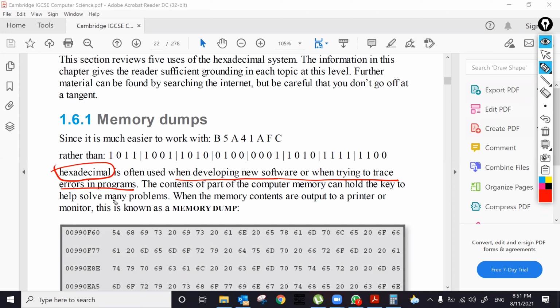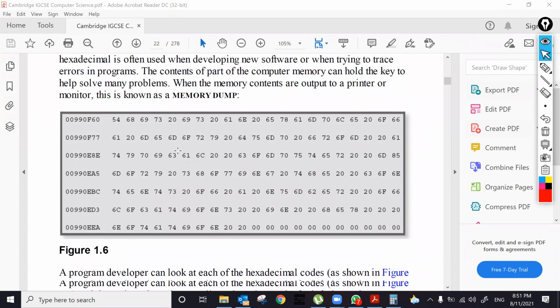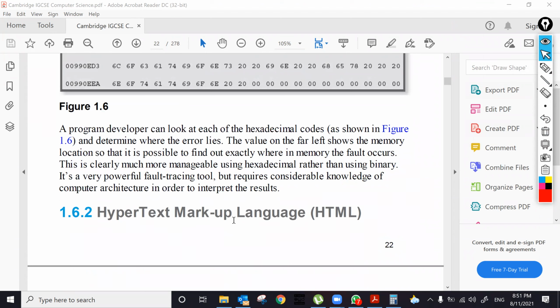That means they will give the error code and all using these hexadecimal numbers, right? A program developer can look at each of the hexadecimal codes and determine where the error lies, right?